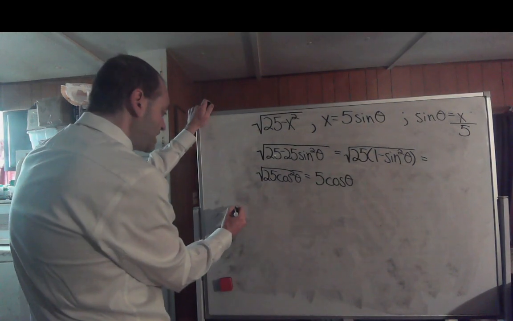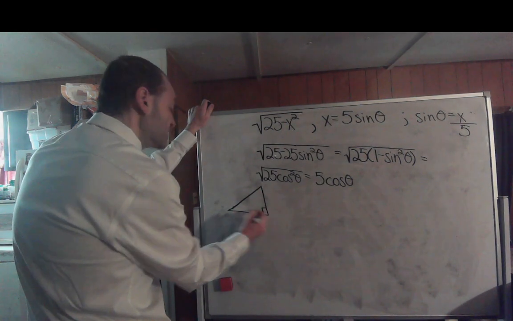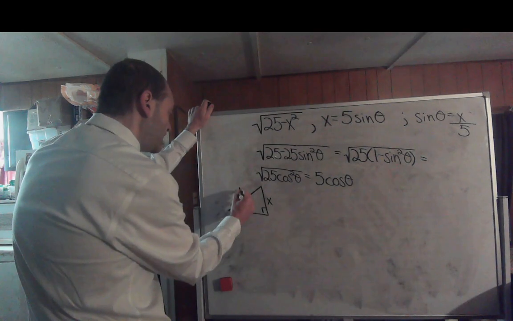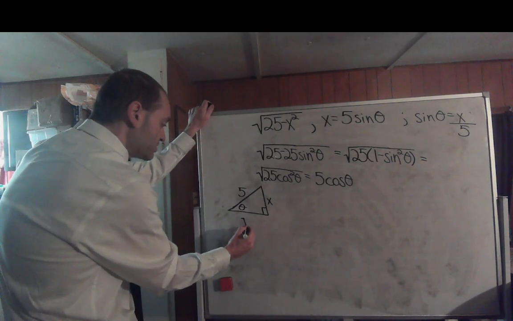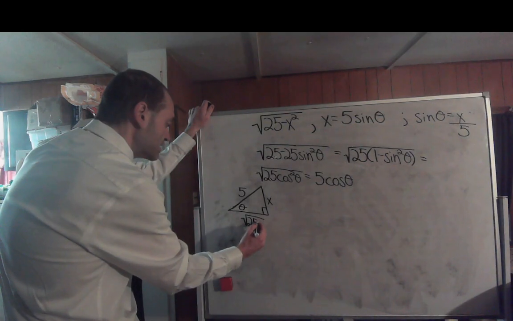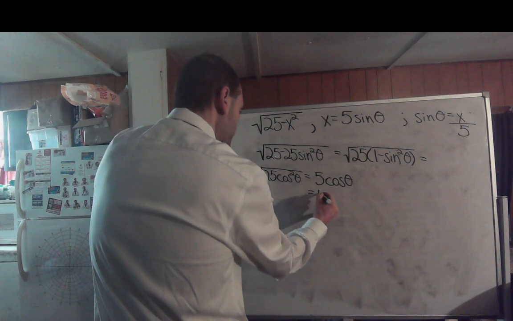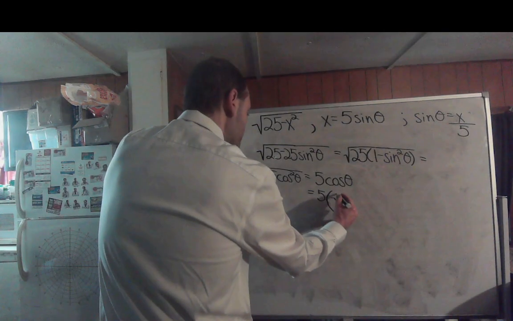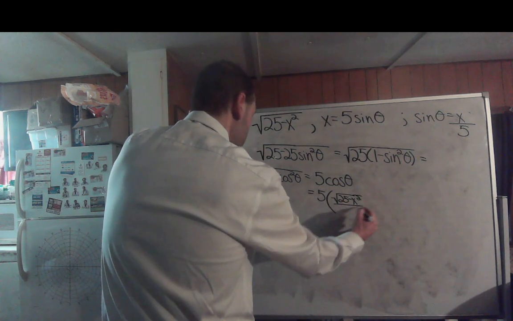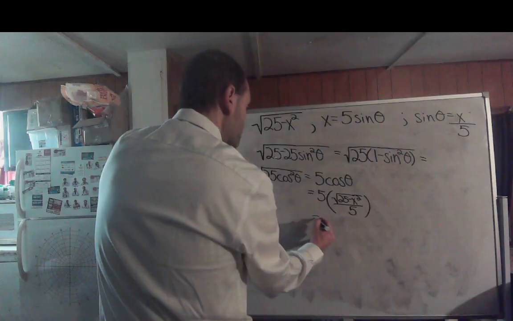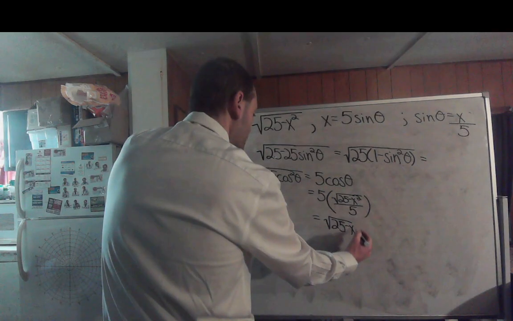You would definitely get 5 cosine of theta, but sine of theta is x over 5, so this would end up being the square root of 25 minus x squared. So this would equal 5 times the square root of 25 minus x squared all over 5, which would turn you back into the square root of 25 minus x squared.